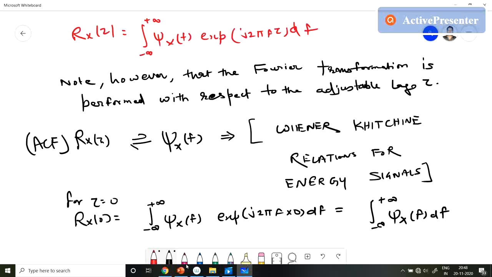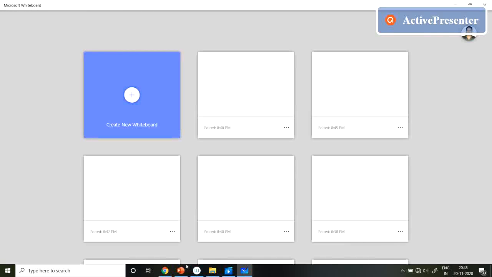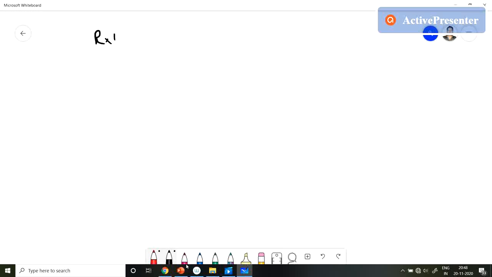So this is basically the area of the ESD. Another relation is that Rx(0) is equal to the area of the energy spectral density.